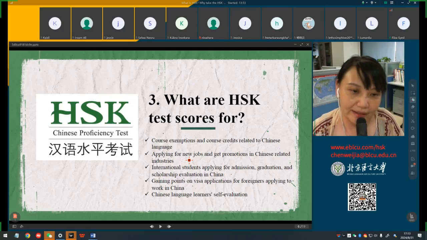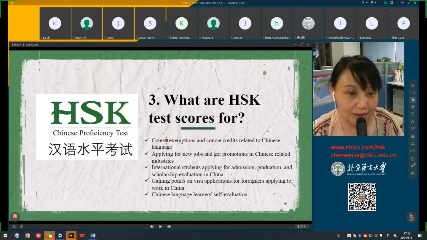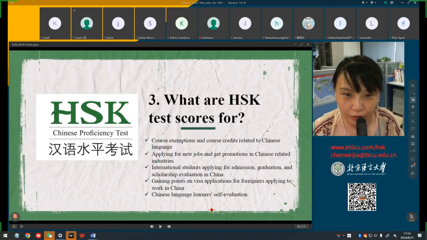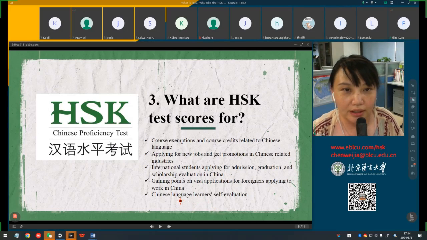But as well as that, you have other usages with the HSK test scores. Of course, for a language learner, you want to evaluate yourself. You want to know which level you are in. The HSK test is a very good way to evaluate your learning.